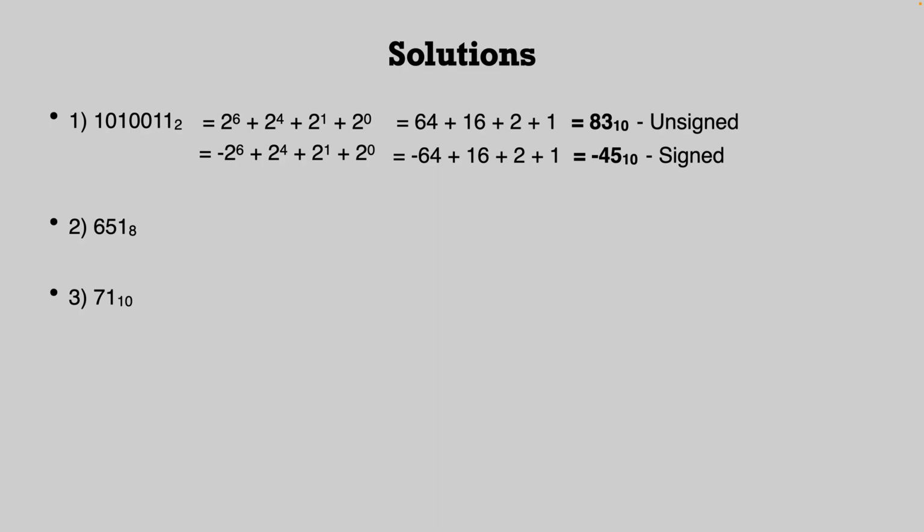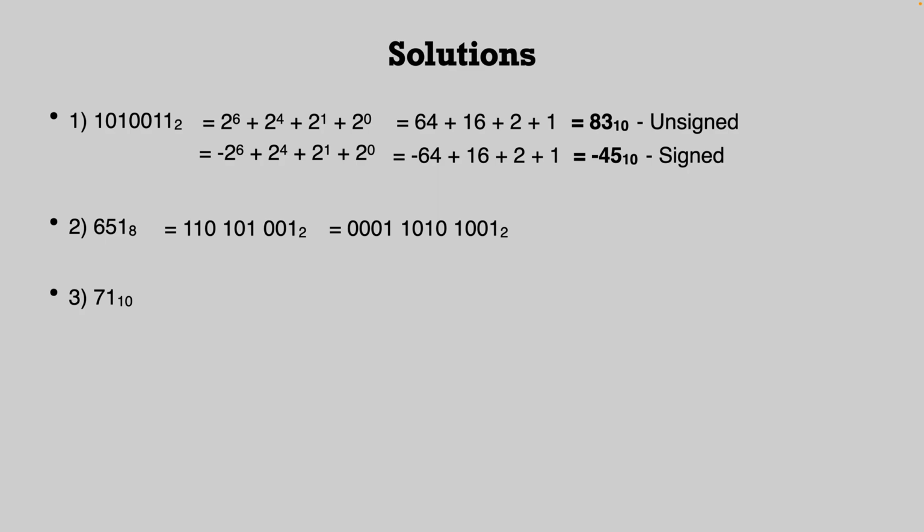For number 2, we're converting 651 from the octal base to hexadecimal. First we're going to convert it to binary by taking each digit of the octal number and converting it to the corresponding 3-bit binary number. And then from there, we're going to reorganize it into groups of 4, remembering to put zeros at the beginning of the most significant group so that it's a group of 4.